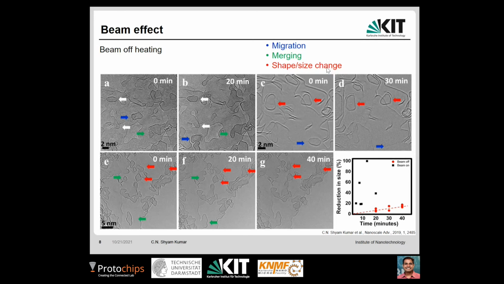So all these dynamics that we observed during beam on condition were also there during beam off heating, which confirms that these are inherent temperature driven mechanisms and not beam induced. And also you can see that when the beam is on, the dynamics is largely accelerated, which is obvious, as the beam is providing some extra activation energy, which is accelerating these dynamics that we are observing.